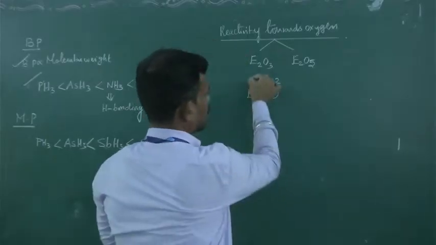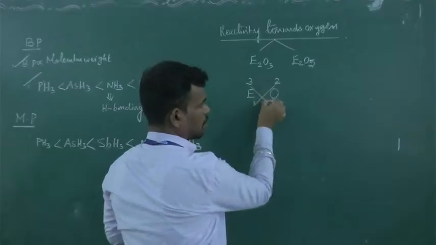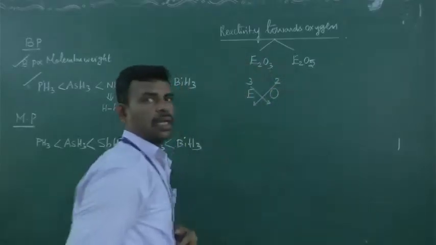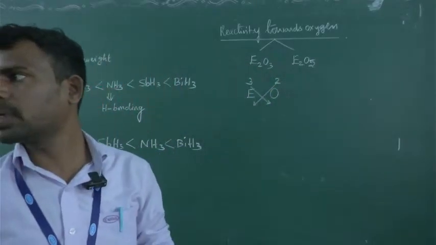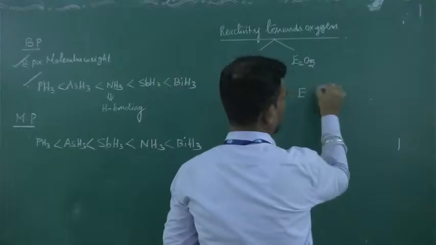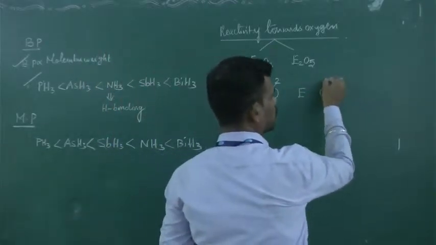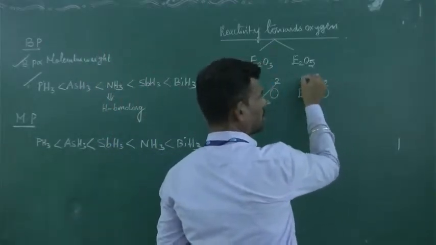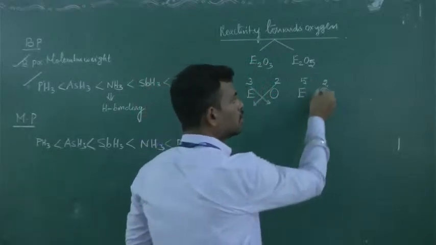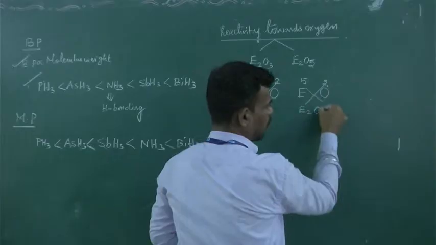Suppose E is plus 3, if you criss-cross you get E2O3. Suppose it is plus 5, if you criss-cross you get E2O5. Is it clear? Yes or no?